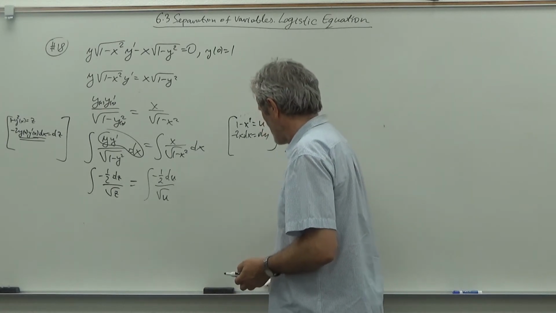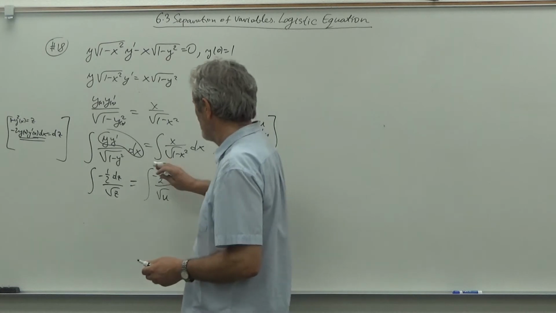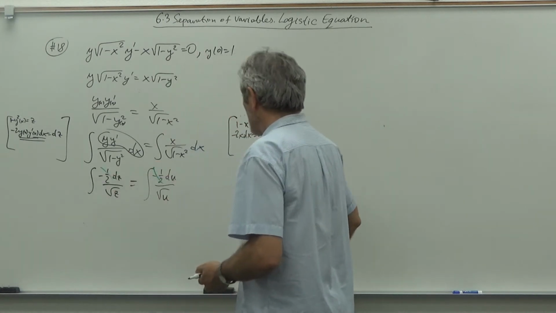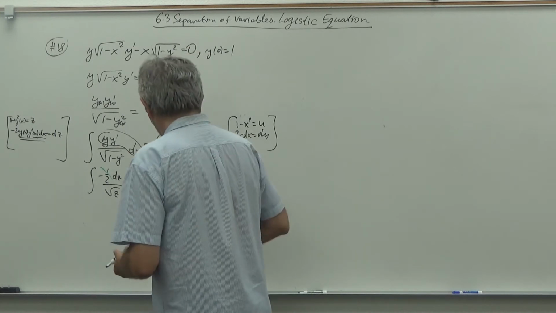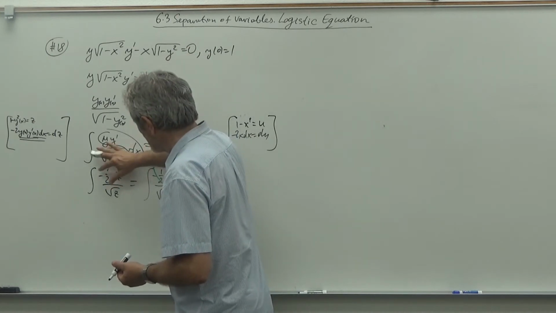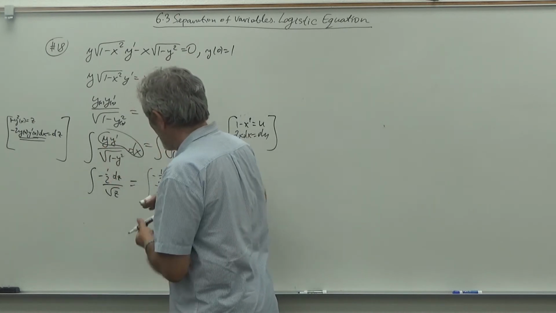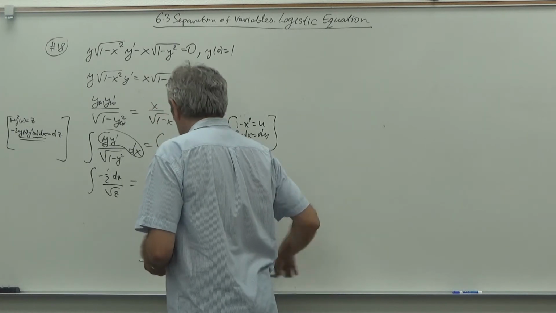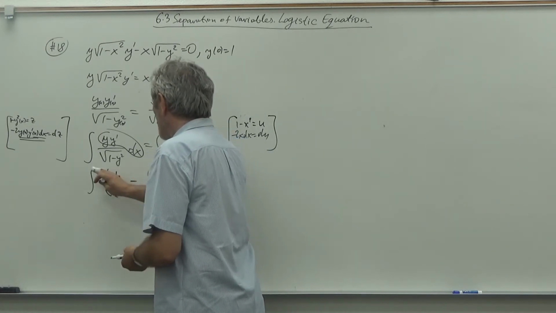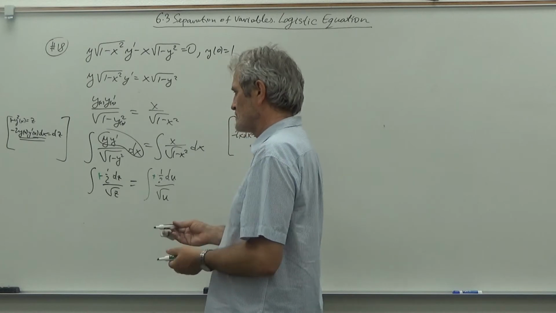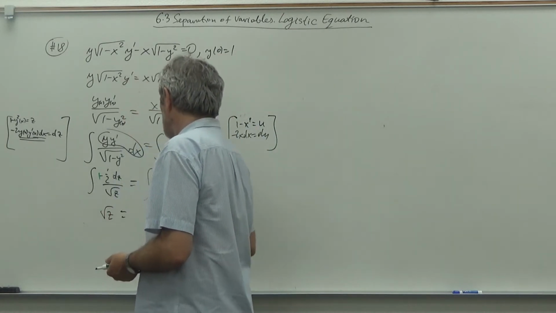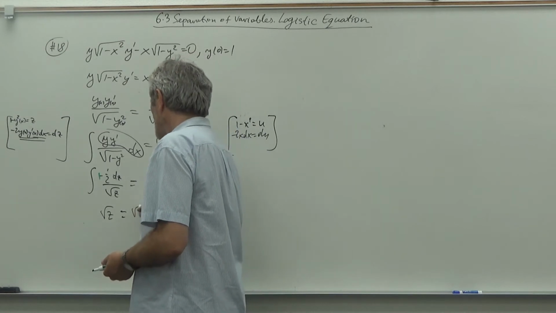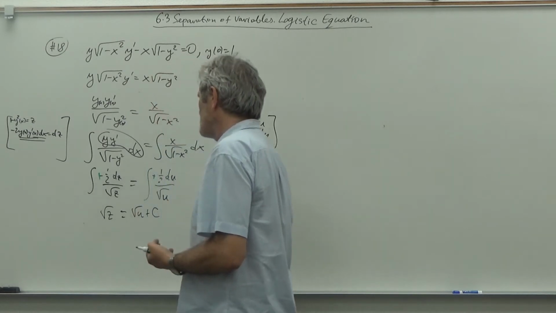Get rid of minus 1/2, multiplying by negative 2. And then when I integrate, what happens? Actually, I better leave 1/2, just get rid of the minus, because they both multiply by negative 1, because then the integral of 1 over 2 root z is just root z, equals, and this will be root u plus c. Here it is.